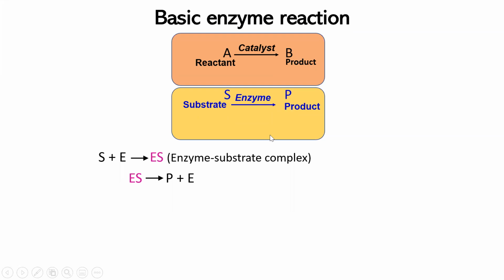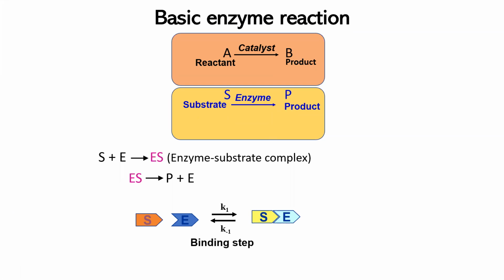But in between, there is an intermediate stage where an enzyme-substrate complex is formed. That's why it is labeled as E and S. So that's the substrate, that's the enzyme. There is a binding step in which they come together, and once that has happened, the catalysis leads to the product formation.